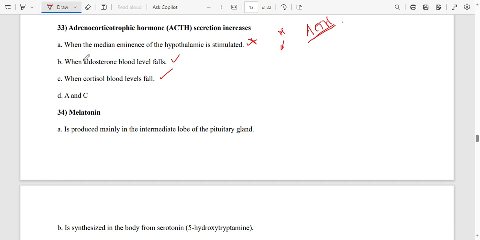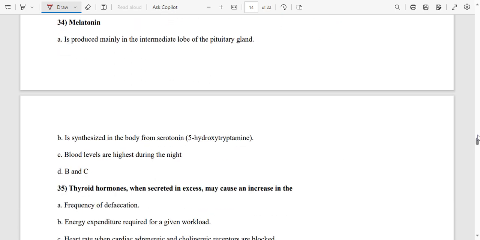And you can see these two are not together. Aldosterone blood levels fall, and cortisol blood levels fall. They are not together. So that will be a debate that you are going to suffer with, to choose which one you're going to choose. Unless maybe if it was true or false, you would say true, true, and then false.